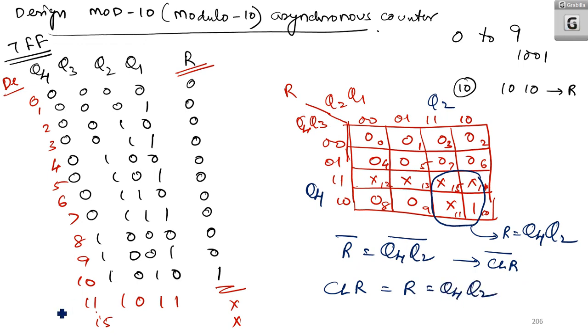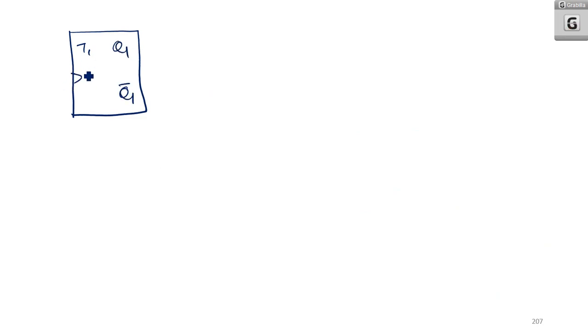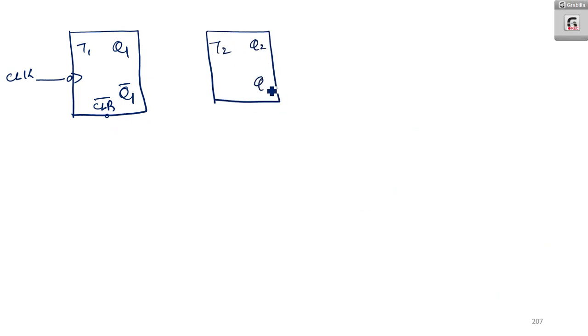Now coming to the logic circuit of that. Initially you will have T1, Q1, Q1 bar, negative edge triggering. I am going for negative edge triggered. So I have clear bar here. So this is the clock, T1, T2, Q2, Q2 bar.